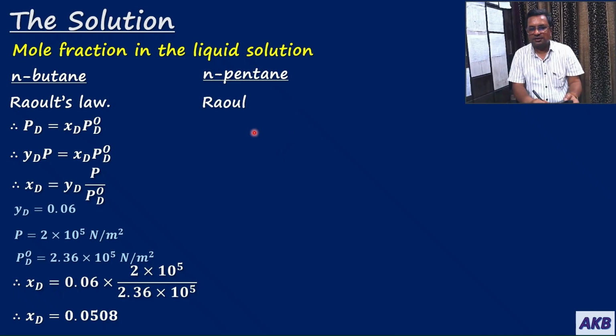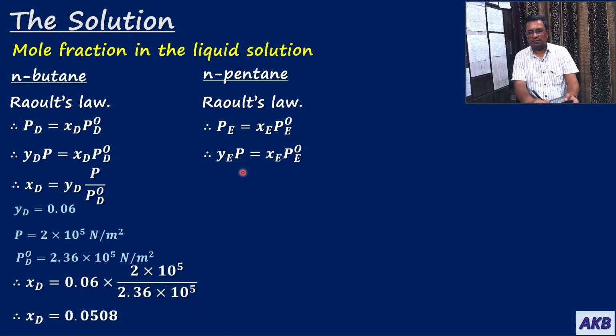Then finally N-pentane, again if you apply Raoult's law for it, it will be PE is equal to XE into PE naught. Partial pressure is mole fraction in gas mixture into total pressure. So YE into P is equal to XE into PE naught. Therefore XE is YE into P upon PE naught.